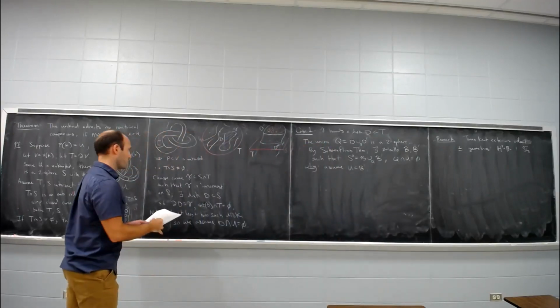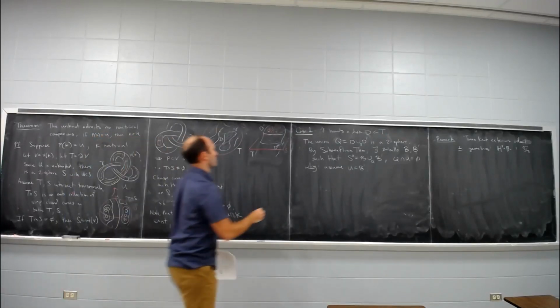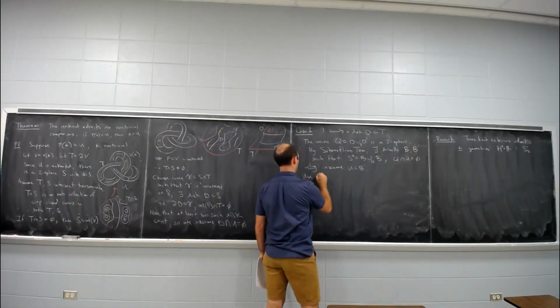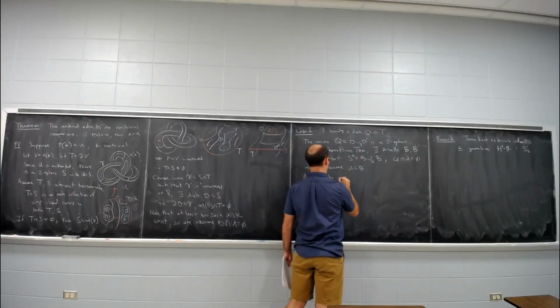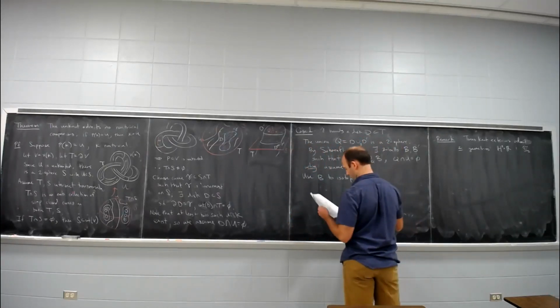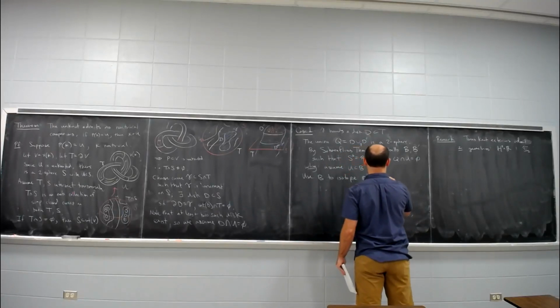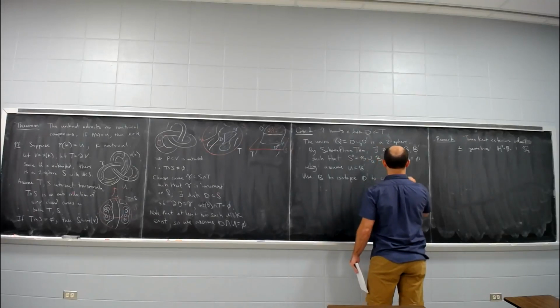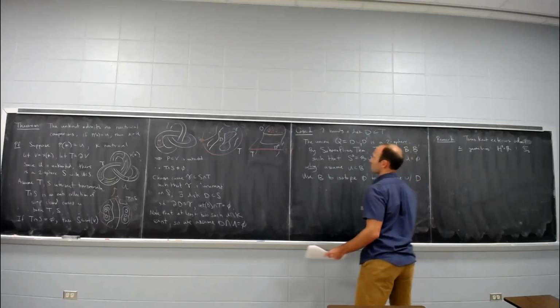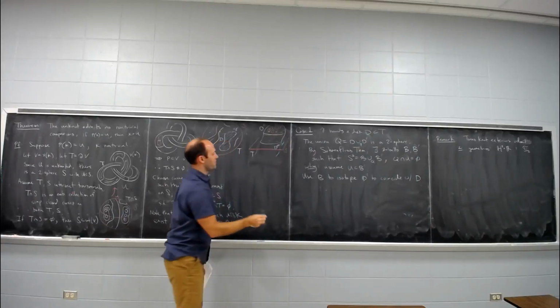Okay, so then what we're going to do is use the three-ball B to isotope D prime to coincide with D.